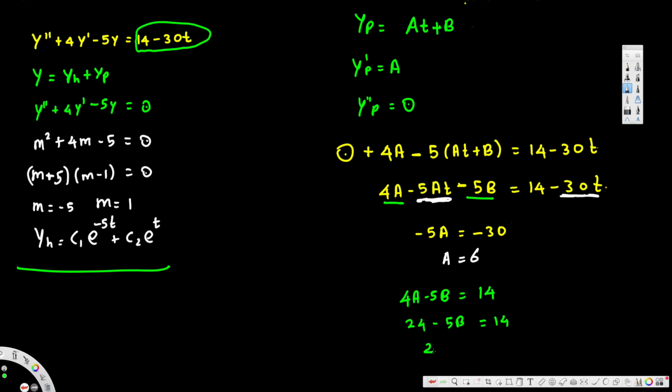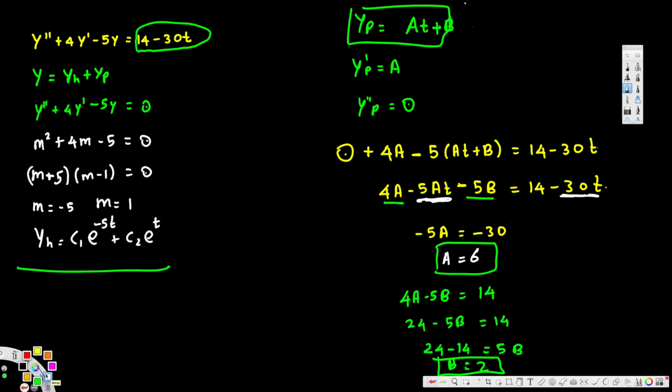Therefore 24 minus 14 is equal to 5b. 24 minus 14 is 10, so b is going to be equal to 10 divided by 5, that's 2. A is 6, b is 2, so we just plug it in this equation. Yp is going to be at plus b, which is 6t plus 2.